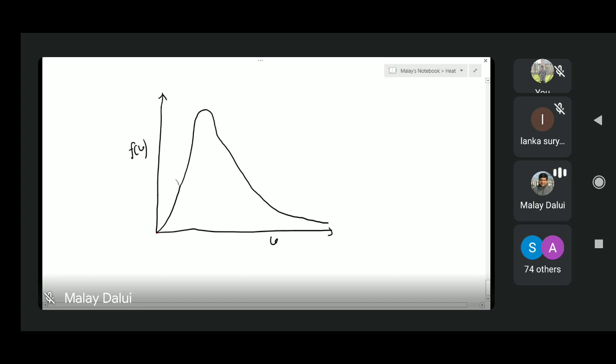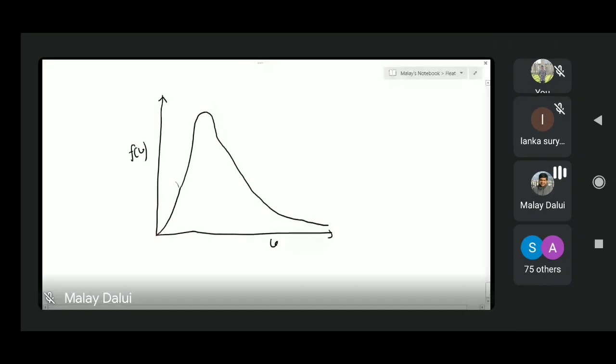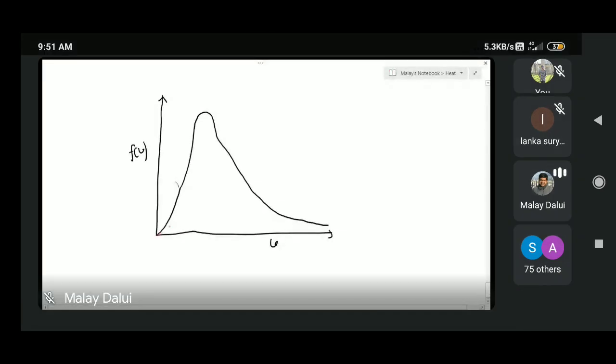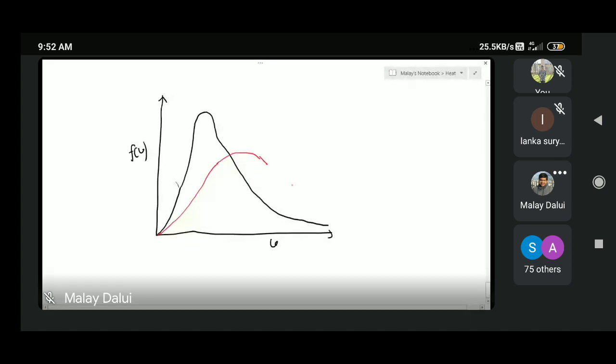Also from the equation, you can interpret this physically. If you increase the temperature, the curve becomes flatter, like it goes like this and then falls off like this.